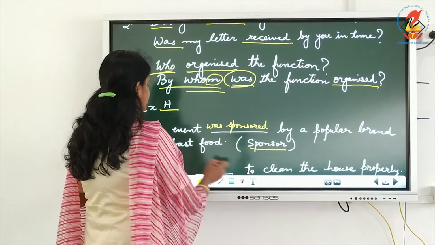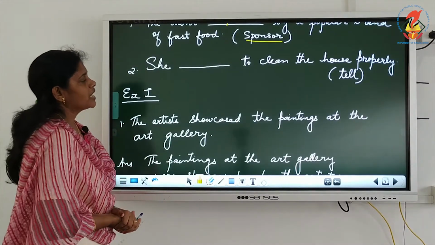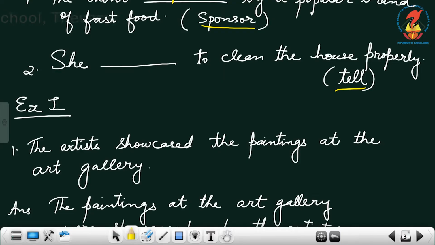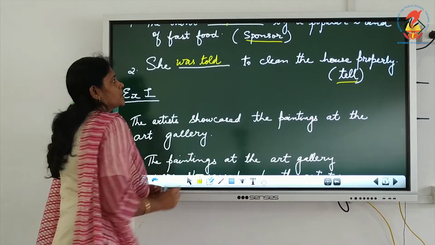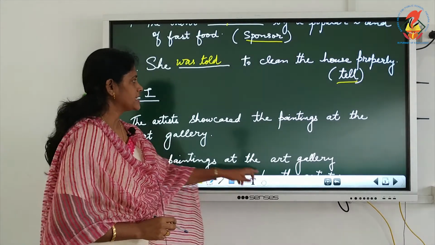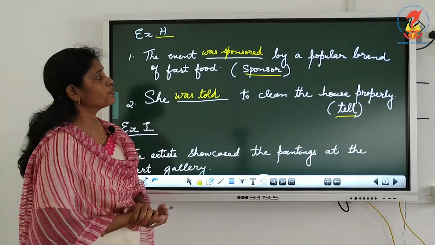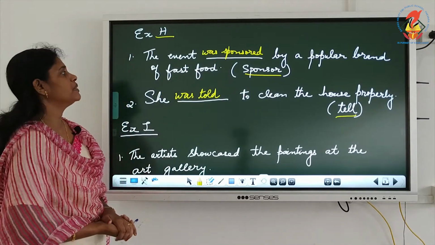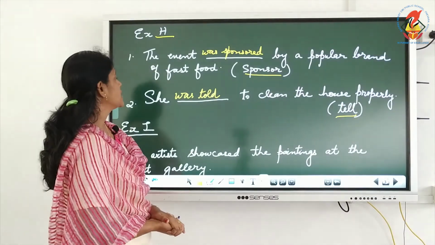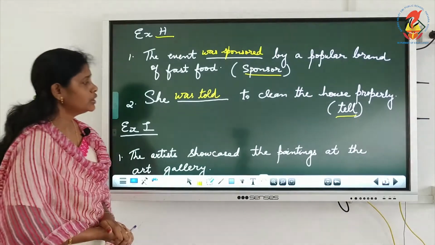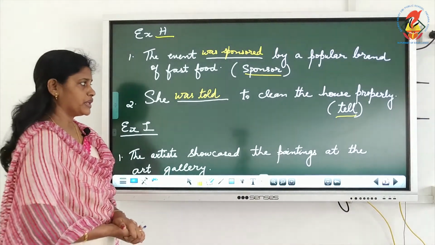And the next one, she dashed to clean the house properly. The verb is tell. So here we will say she was told to clean the house properly. And the first one, the event was sponsored by a popular brand of fast food. Second one, she was told to clean the house properly.